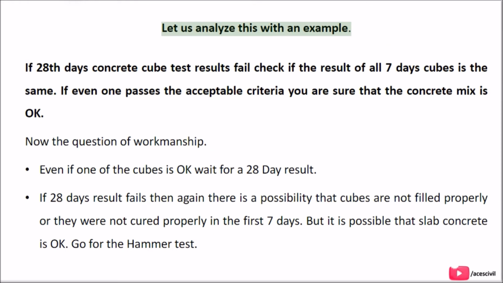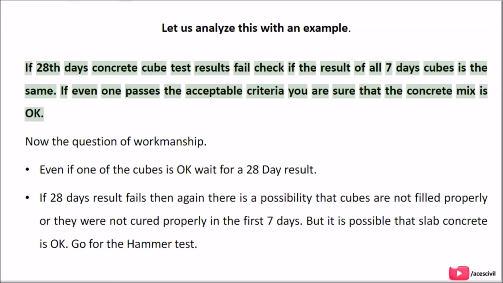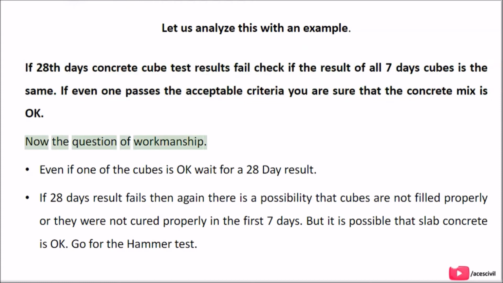Let us analyze this with an example. If 28th day's concrete cube test results fail, check if the result of all 7 days cubes is the same. If even one passes the acceptable criteria, you are sure that the concrete mix is okay. Now the question of workmanship.